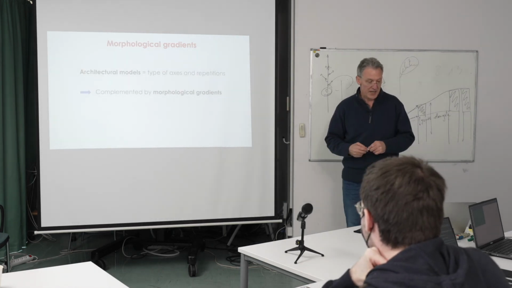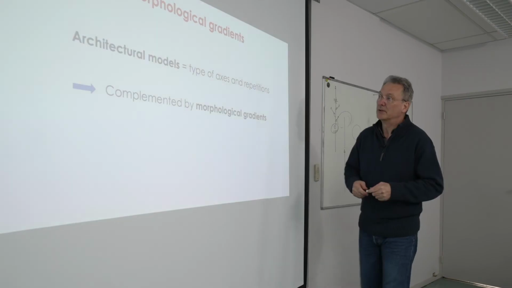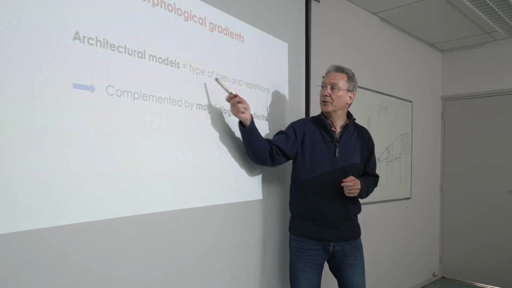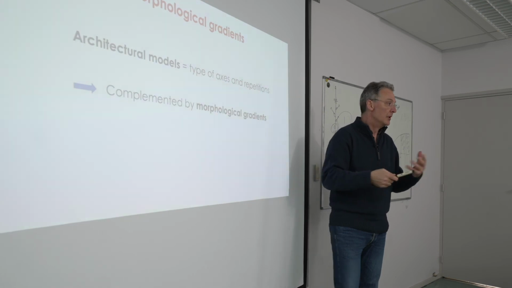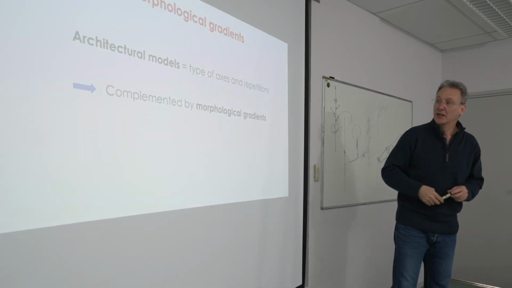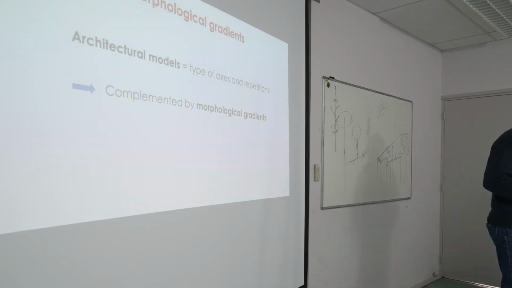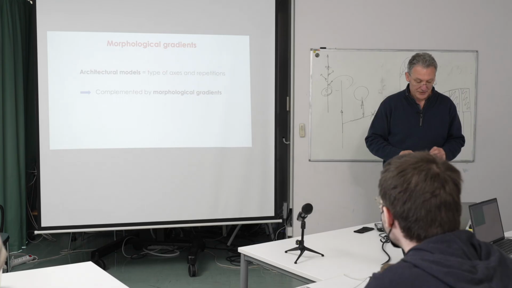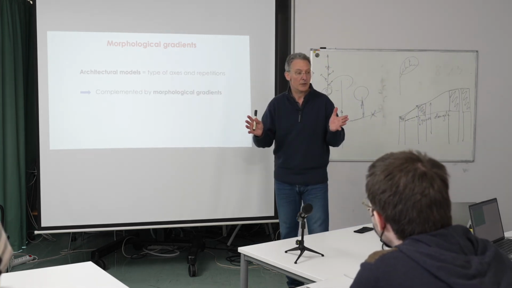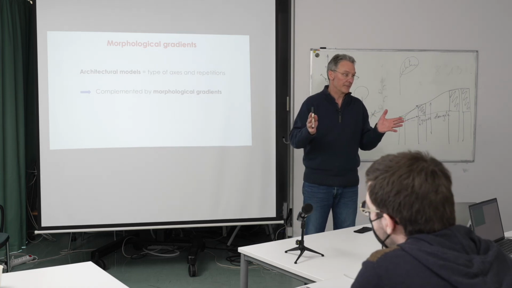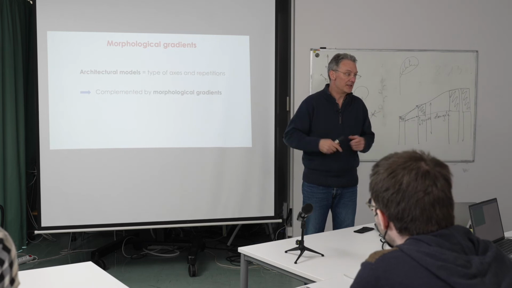So what we have is that in the end, what you must keep in mind is that the architectural models correspond to different types of axes and the way to classify them. And the last point that we will study for today is the fact that, okay, this gives an ideal view of the plant growth, but of course, it's not as schematic as this.